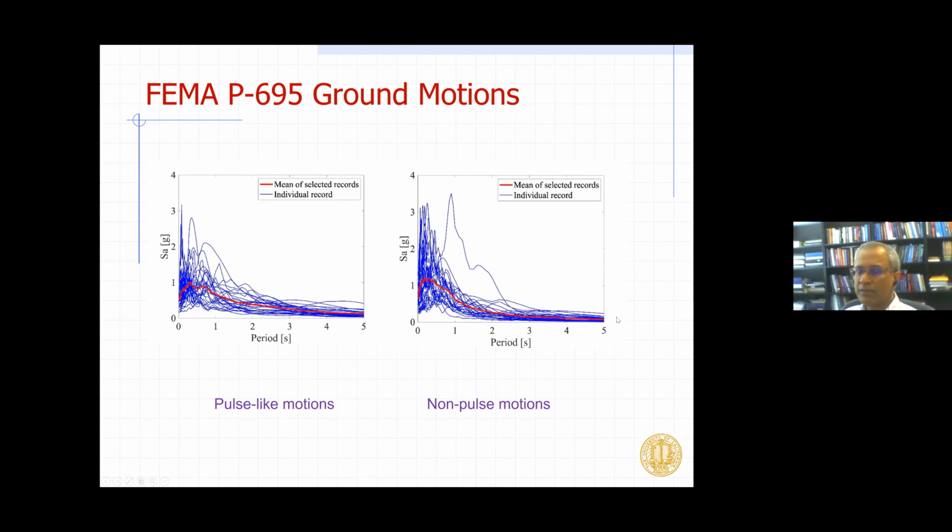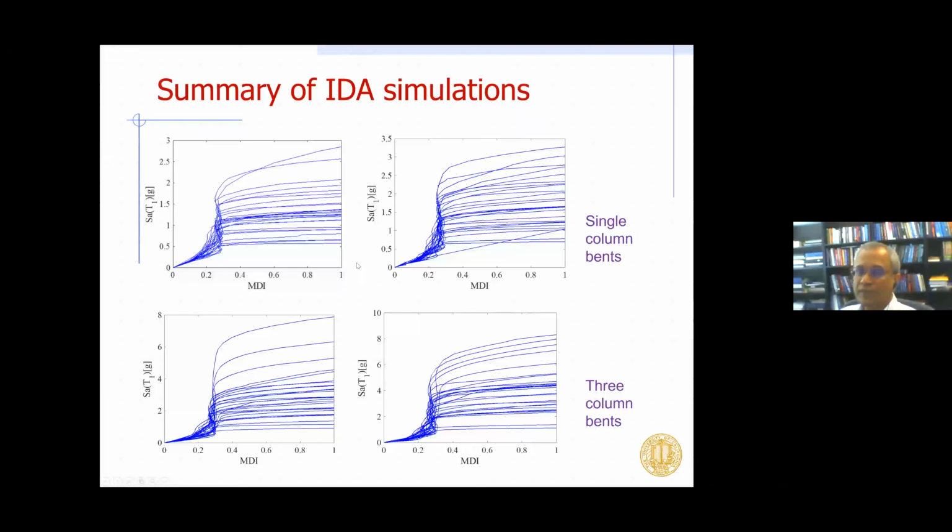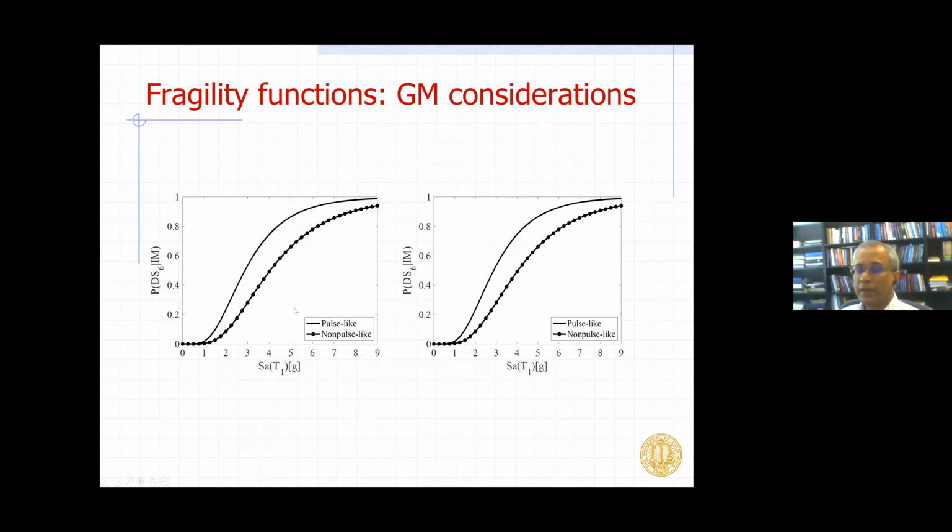There were pulse-like motions and non-pulse-like motions, and we subjected our single, 2-column and 3-column bends to these ground motions and did a whole bunch of IDA simulations. Here I'm just showing you a sample for the single and 3-column bends, and to plot these fragilities as a function of an intensity measure, we used Sa(T1), which for bridge columns tends to be a fairly reasonable metric.